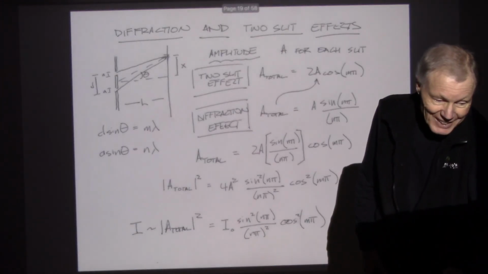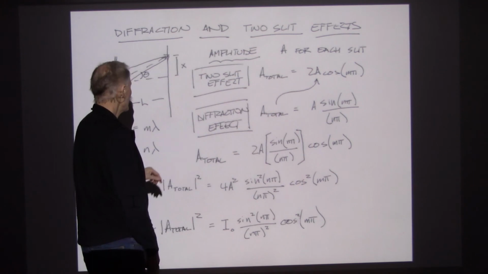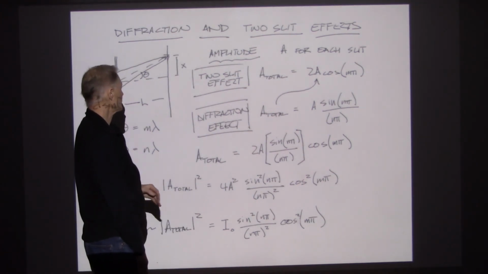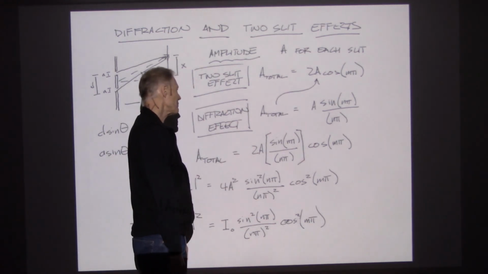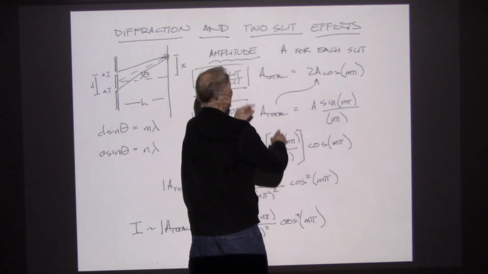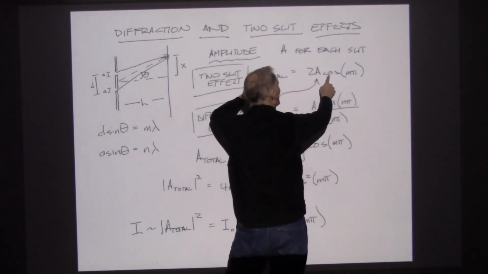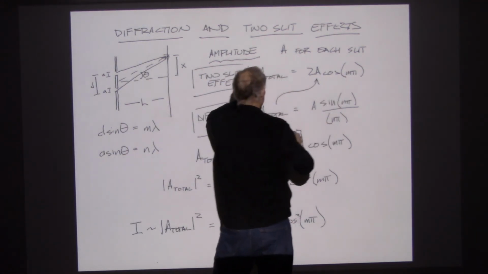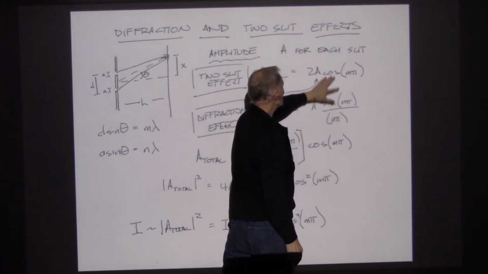Now, what I've been doing, for better or worse, is the same thing. I apologize. Here is the effect from two slits, 2a cosine m pi. Here is the effect from diffraction. Now, I can't use m for both of these.